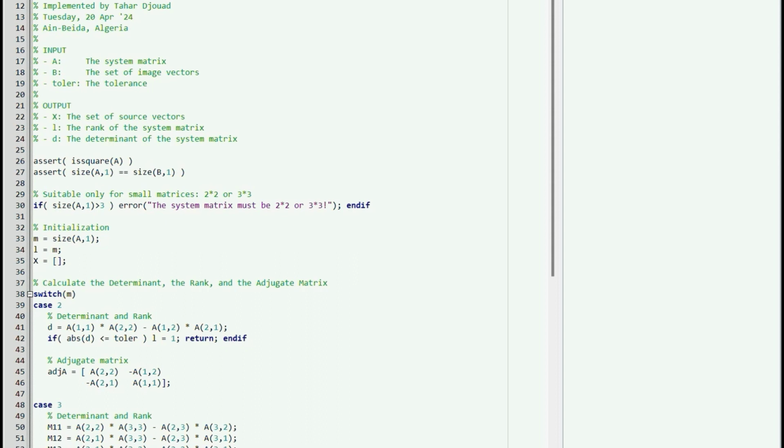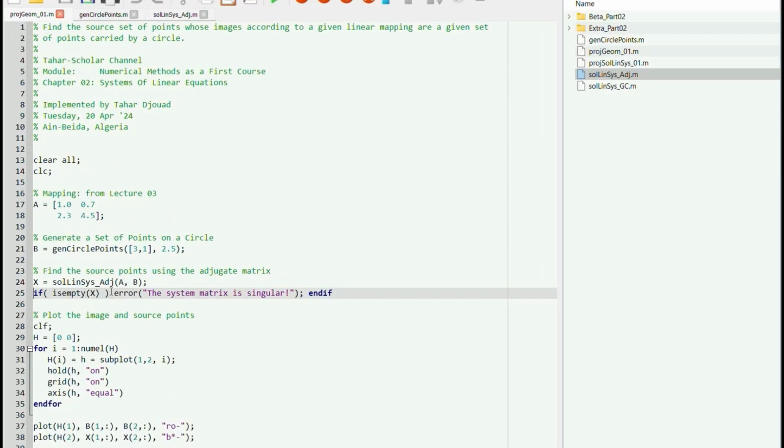That's why I check if X is empty, and if so we display an error message, the system matrix is singular, and we stop the code, of course. Otherwise we continue. So we have in X the source points, whose images are stored in B.